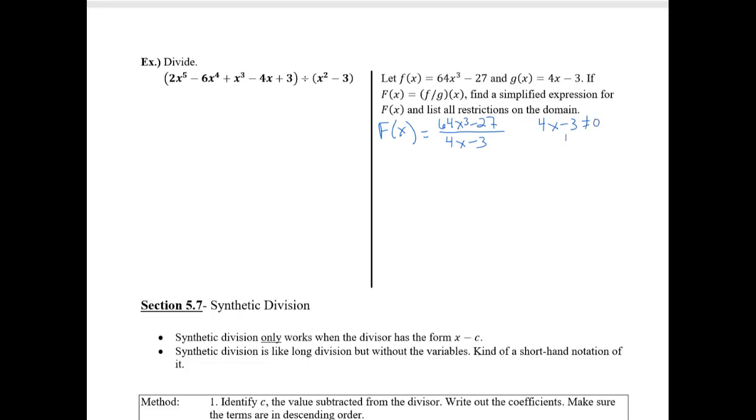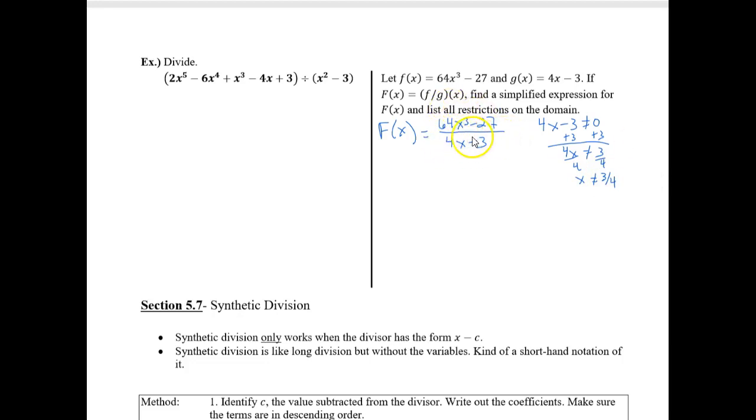We solve this to figure out what x cannot be. We add 3 to both sides, divide by 4. So x cannot be 3/4. That's the restriction on our domain. I can input anything else I want into x, I cannot input 3/4.